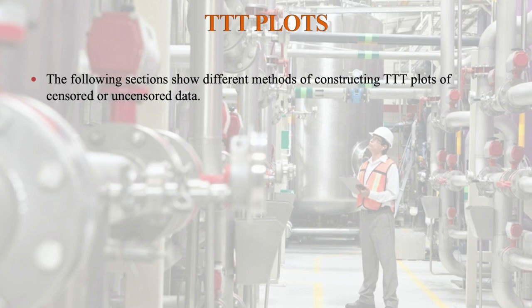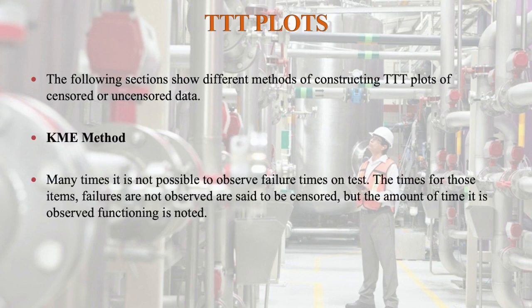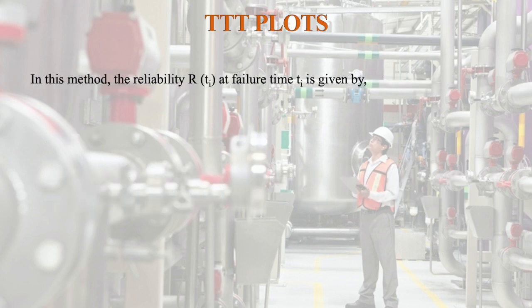The following sections show different methods of constructing TTT plots of censored or uncensored data. One is the KME method. Many times it is not possible to observe failure times on test. The items whose failure times are not observed are said to be censored, but the amount of time they are observed functioning is noted.